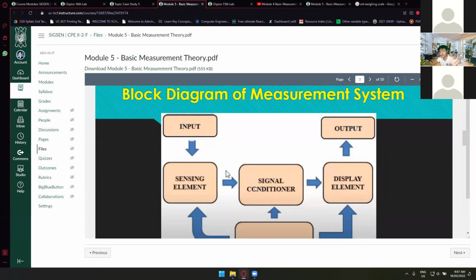So what is the thing that can convert the temperature into a certain output, to a display, or that can display an output? If it's about pressure, then I would like you guys to find a signal conditioner that can measure or can detect the output of that pressure. So, depending on your sensing element.